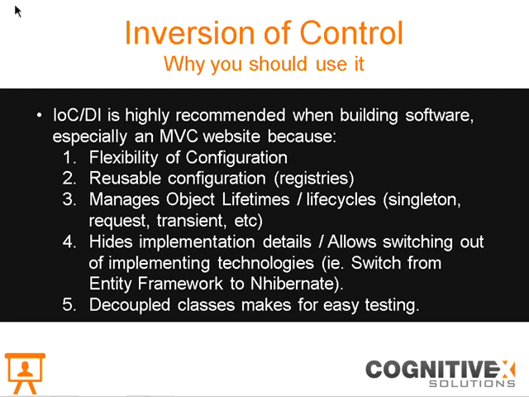Secondly, reusable configurations. With pretty well any IOC technology, they have the ability to create what they call registries, which is a block of code that describes a configuration of specific technologies. One of the biggest examples we have here at Cognitive X in the way that we develop our software, all of our code related to our database access is done using what's called the repository pattern.